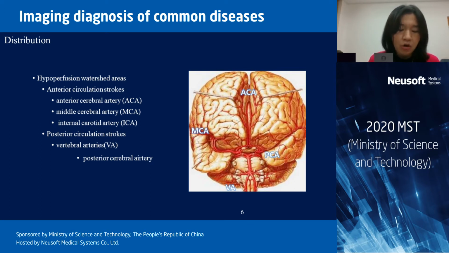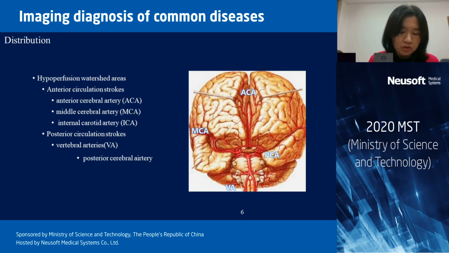Ischemic strokes are often classified by the vascular distribution involved. Anterior circulation strokes involving the areas served by the carotid arteries, ACA and MCA, represent over two-thirds of all ischemic strokes. 96% involve the middle cerebral artery distribution. 3% involve the anterior cerebral artery distribution. 1% involve the internal carotid distribution.